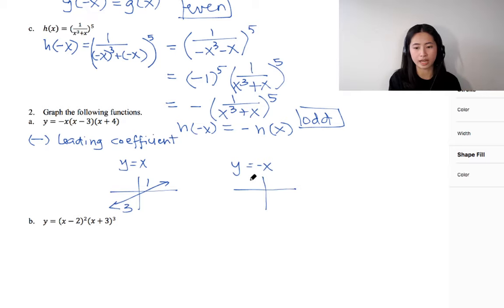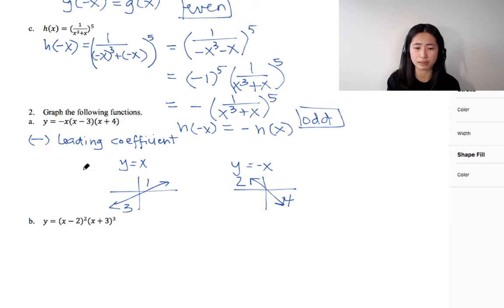Versus y is equal to negative x, which passes through quadrant 2 and quadrant 4. Does that make sense? So a positive or negative leading coefficient determines whether your function passes through quadrants 1 and 3, or quadrants 2 and 4 when it's a negative leading coefficient.